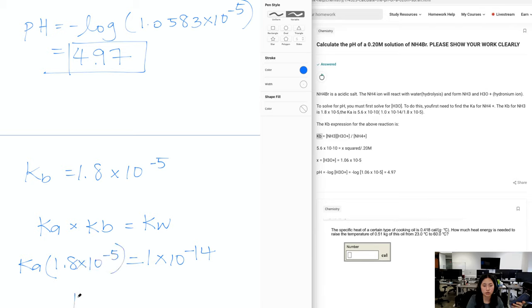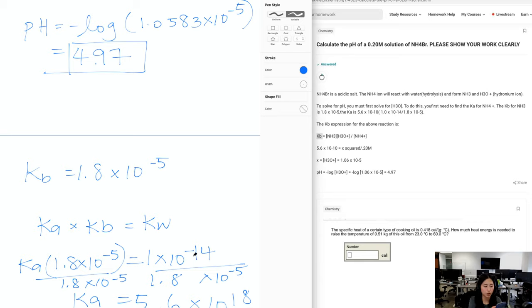Once you solve for Ka, you divide both sides by 1.8 times 10 to the negative 5.